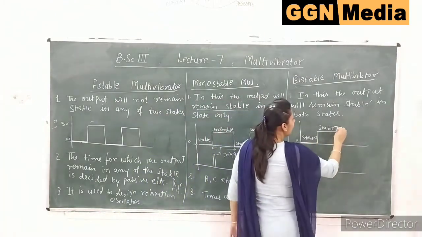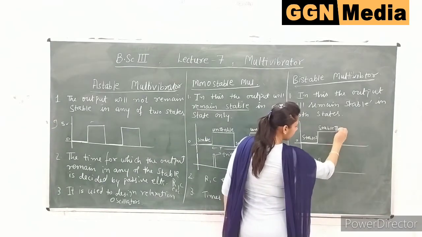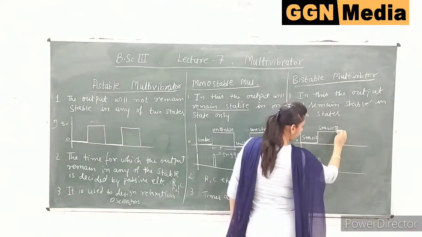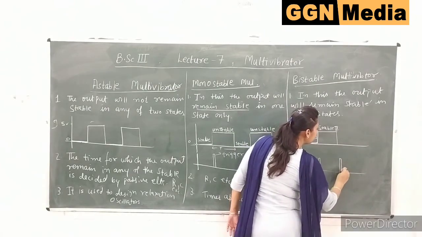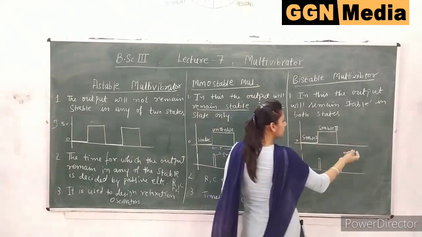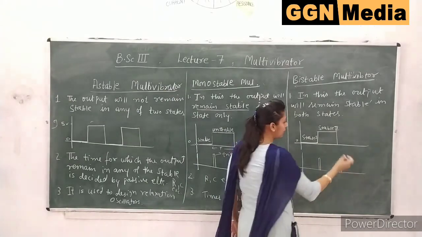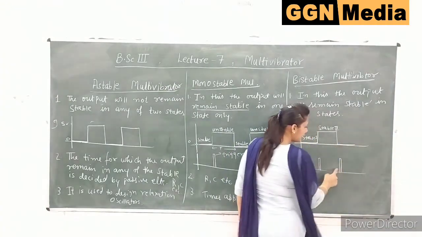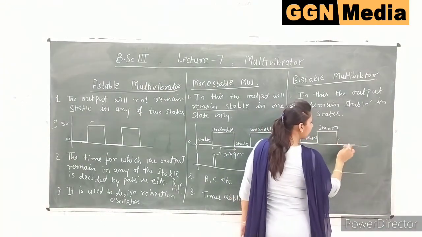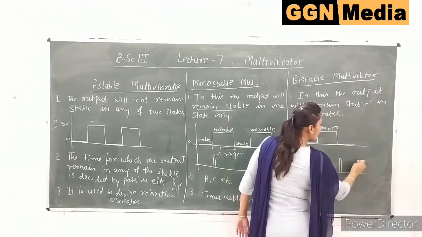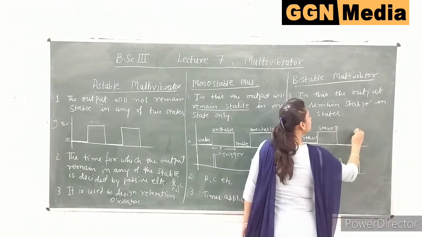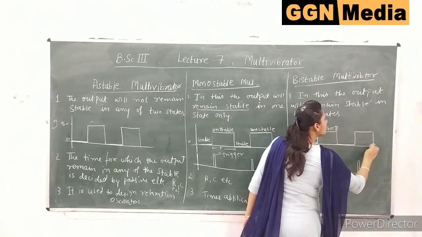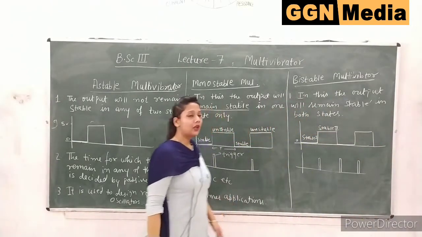So naturally the state will not change automatically. Again we have to apply a trigger signal here to switch from higher to lower state. This is external trigger. Again it will come to lower state. Again apply some trigger and it will switch back to state high.